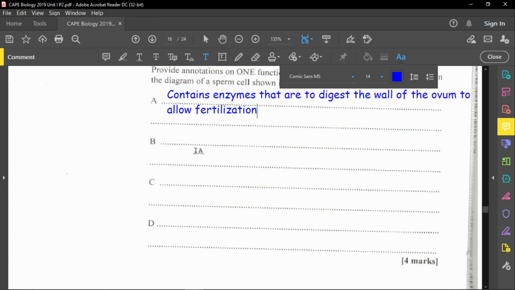All right, so that's very important. Not only that, the head also carries, in the nucleus, genetic materials, so it carries genetic materials as well.